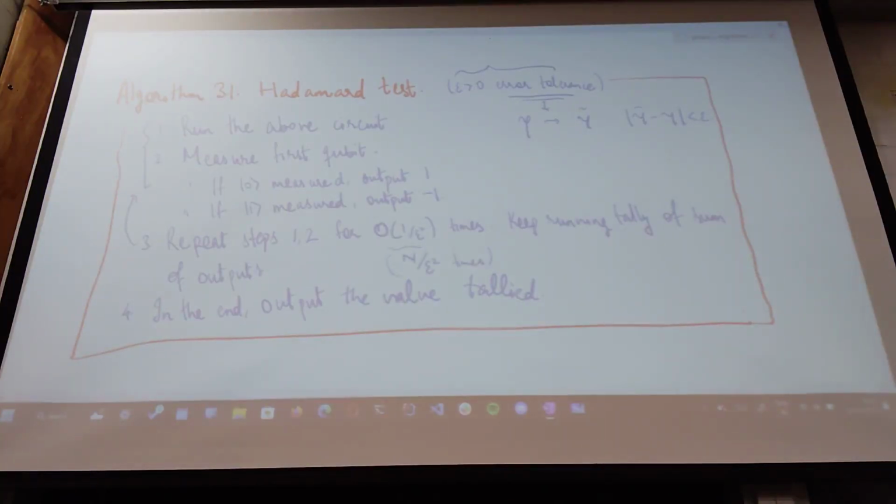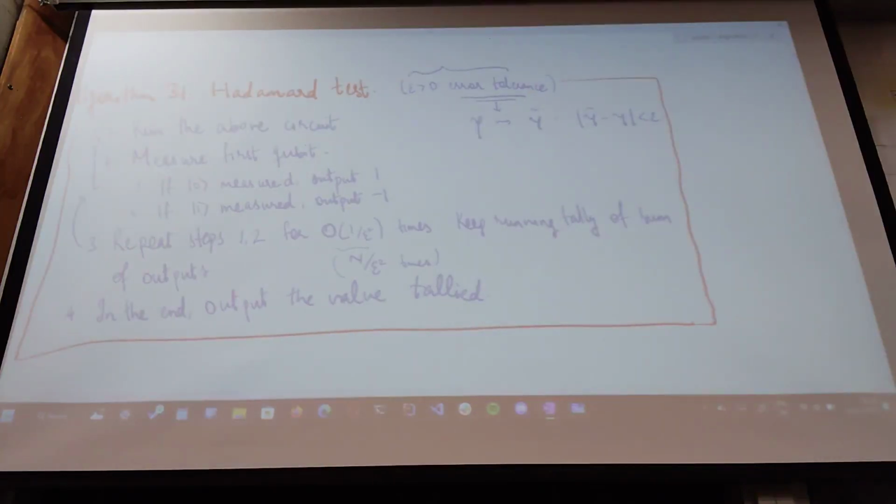And you shouldn't really worry about why we repeat this many times. That just comes down to a matter of statistics, which says that if you want to sample something, then you just run some analysis on how many times you should repeat. But don't worry too much about this repetition step.